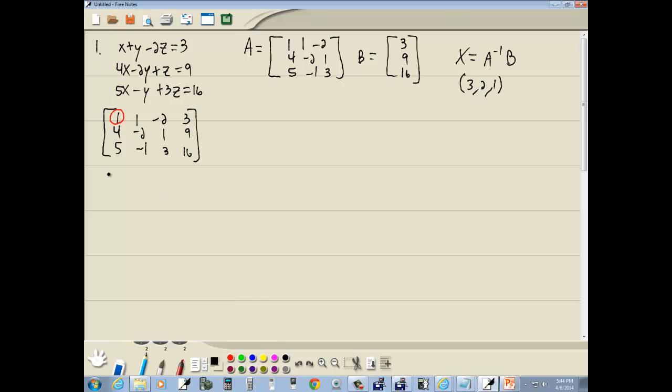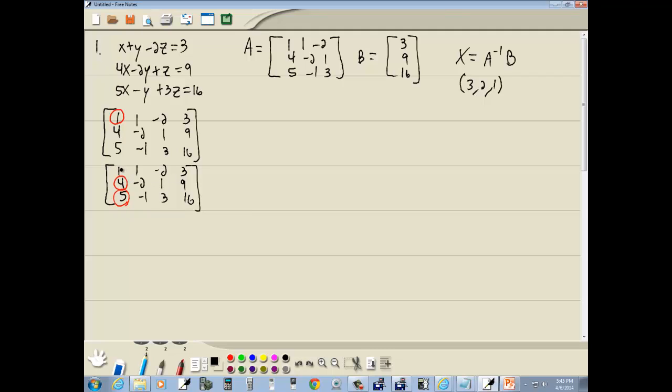We have a 1 in that position, so let's go down to the next step. Now the next thing we want to do is get a 0 here, a 0 here. The process is you get a 1 in the diagonal, and then you get zeros below it.